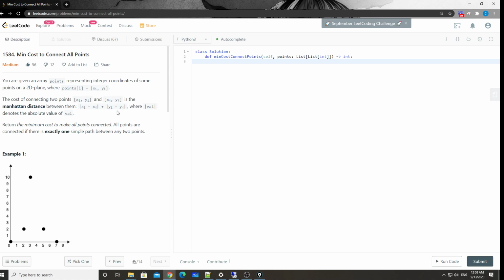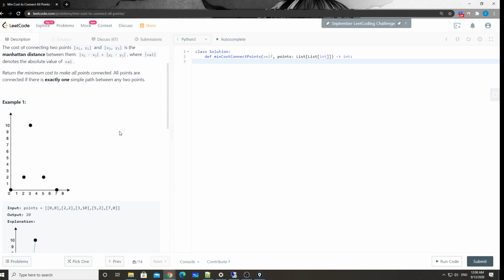It asks you to return the minimum cost to make all points connected. All points are connected if there is exactly one simple path between any two points.